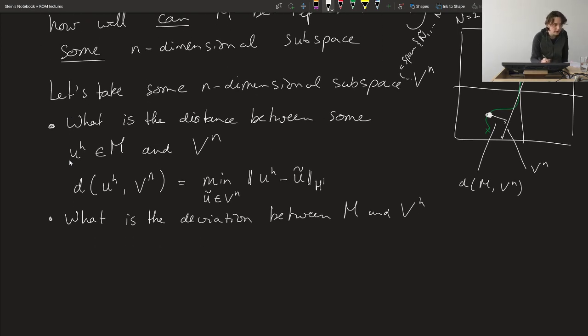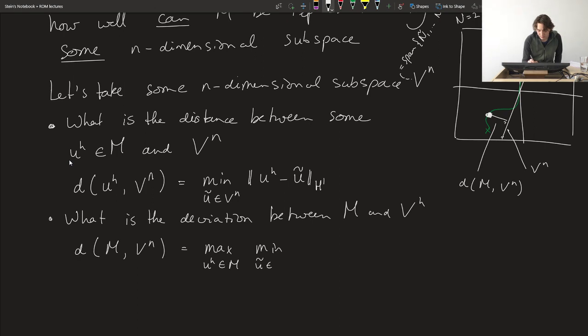So how do I write that? I would say d of the manifold and the subspace is going to be the maximal distance of any possible u in the manifold, the solution, and the distance was the minimal of u tilde in Vn of the norm of those two points.